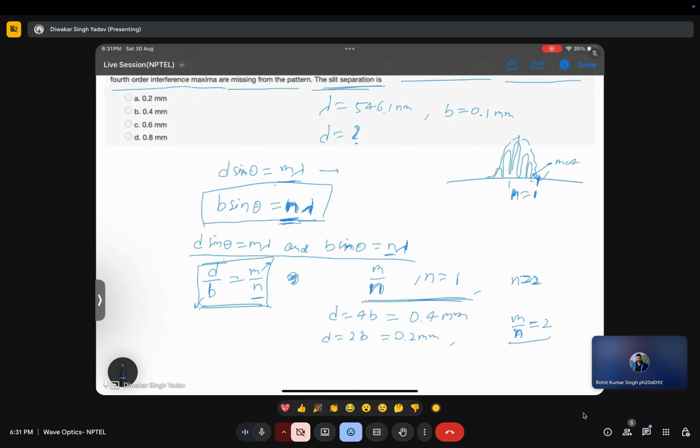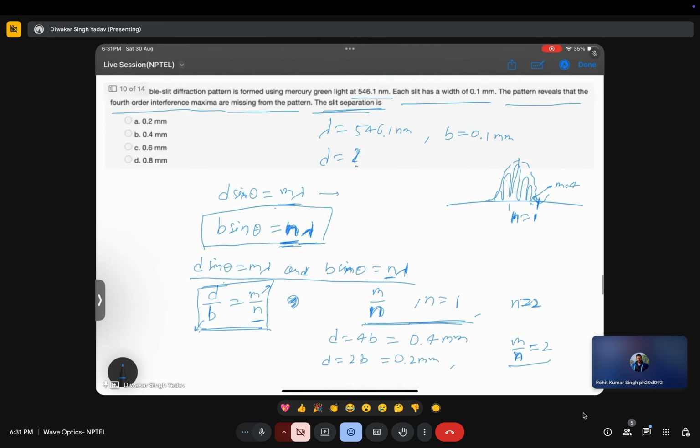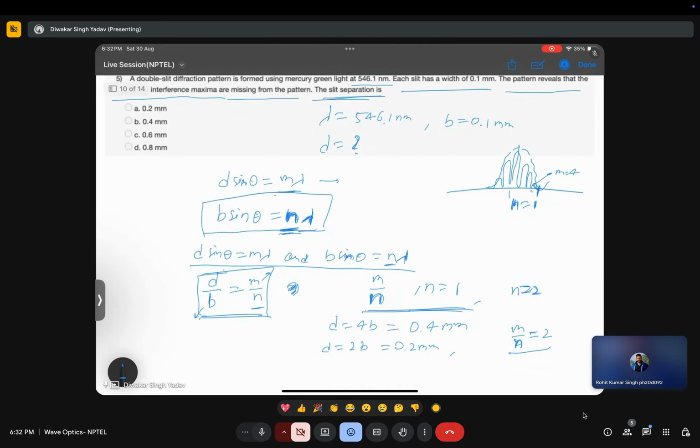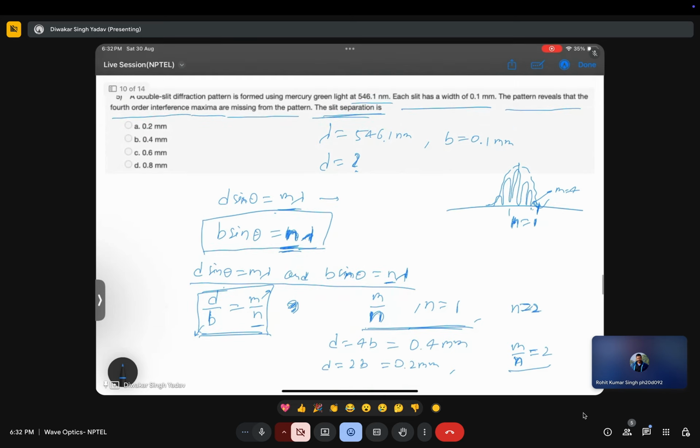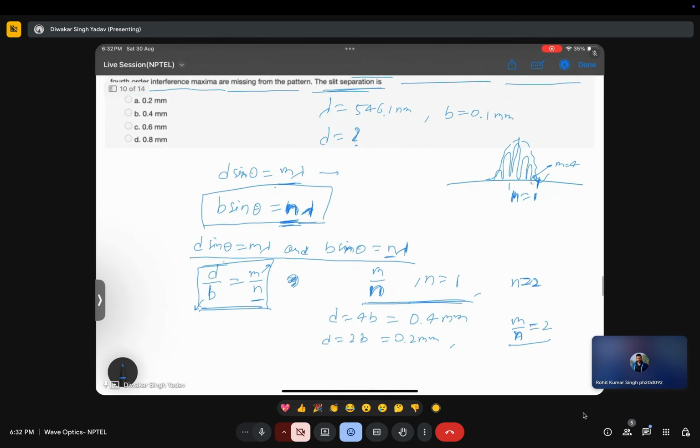Why not 2? 2 should also work, because both options are there. Sir, there should be use of lambda somewhere, I think. From lambda, we can calculate theta from here.